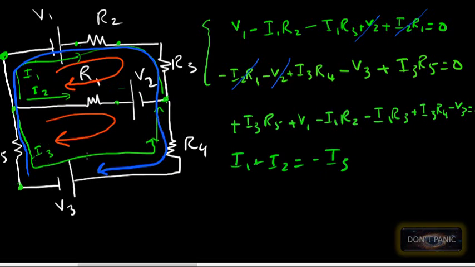And since we drew I3 going in this direction, you have to change the sign of I3. Or you could have also said that I3 plus I2 end up making negative I1. I3 plus I2 equals negative I1. You could have manipulated this one algebraically and gotten this one, or you could have looked at the picture and derived it.